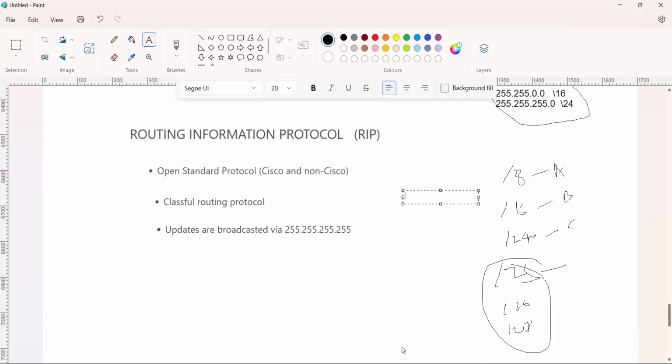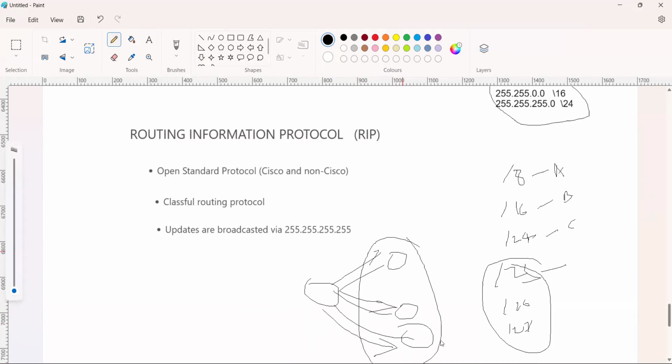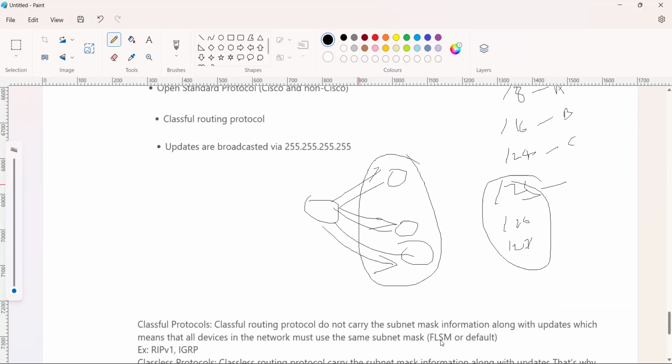This is also a problem. Like a switch, it broadcasts the information to all interfaces. Likewise RIP sends how many paths and routes it has, the entire routing table, to the entire network. Updates are sent via broadcast IP address.